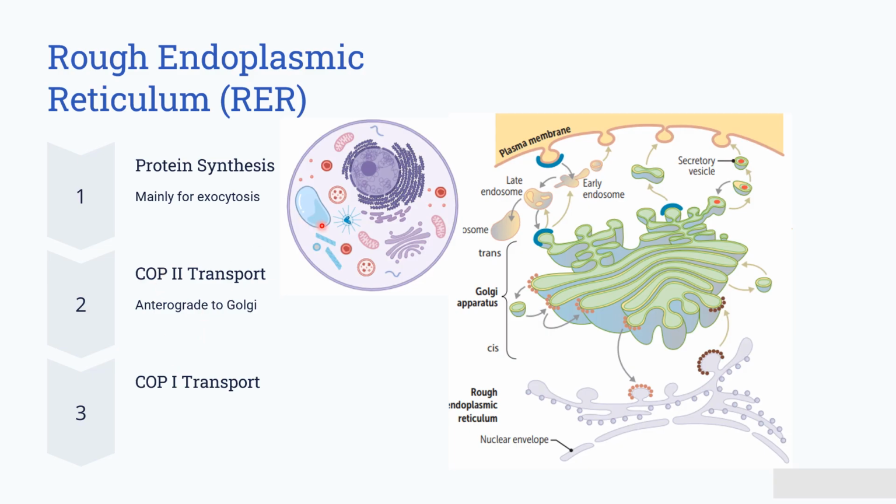The proteins produced from the rough endoplasmic reticulum get transported to the Golgi apparatus. Anterograde transport from the rough endoplasmic reticulum to the Golgi is by COP2 transport. COP1 transport is the retrograde transport from Golgi to the endoplasmic reticulum.